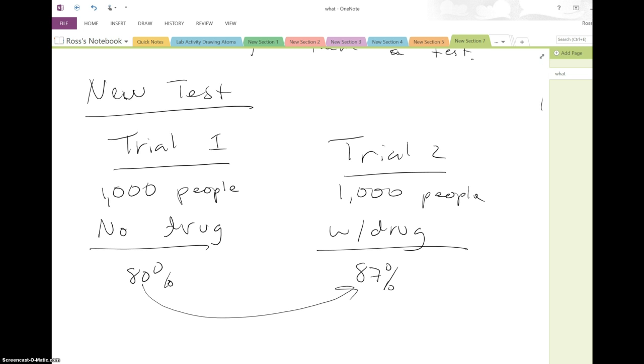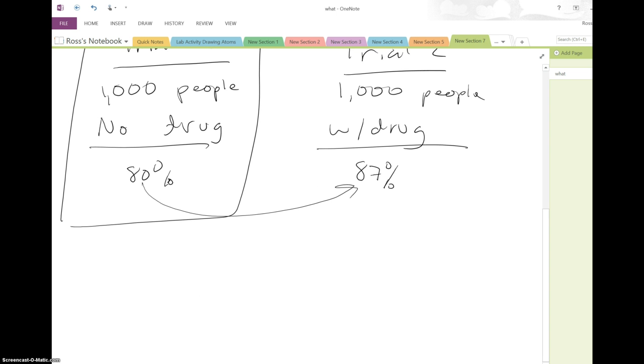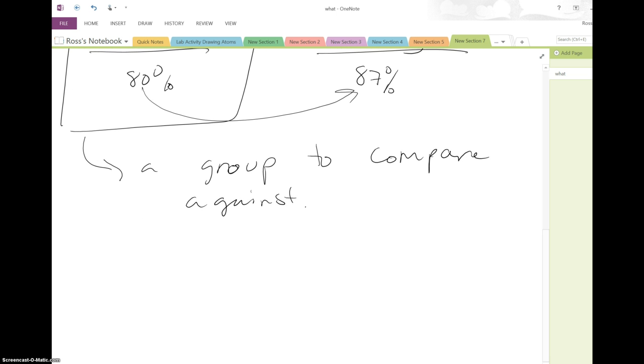But the only reason we knew that that worked is because we had this group here. We had a group that we could compare against. This is a group to compare against. Another word for that is it gives us a baseline, right?